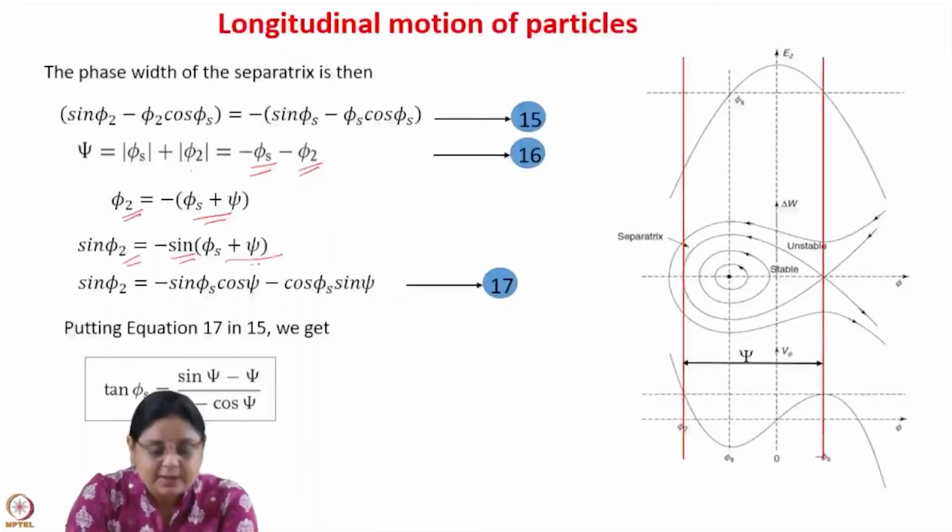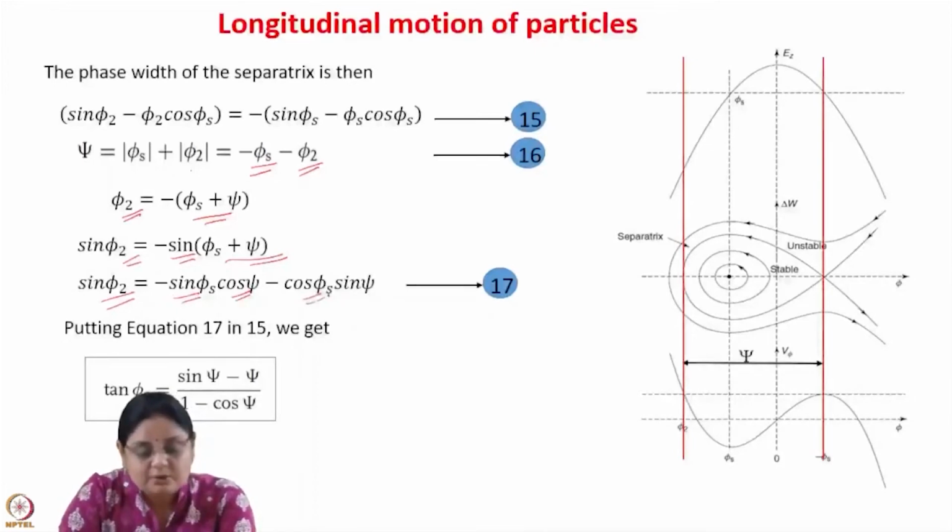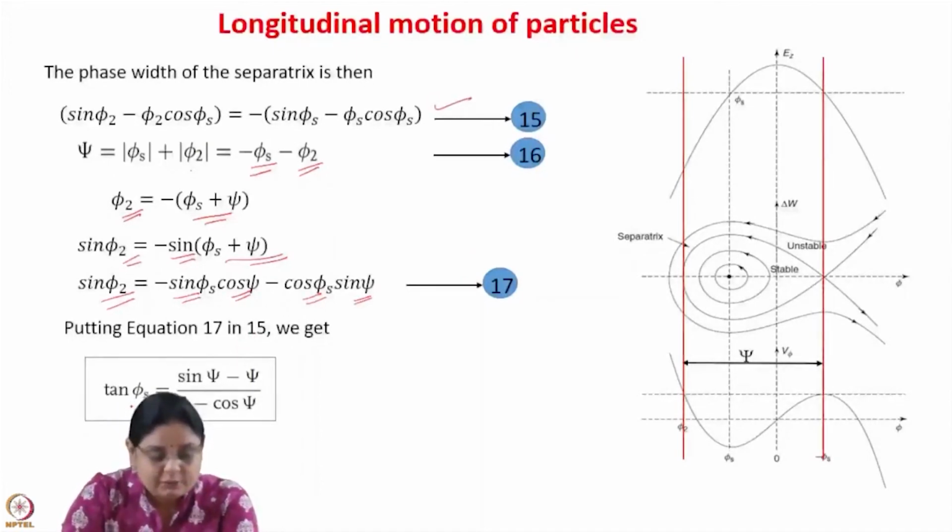Then expanding the right hand side, sine of a plus b is equal to sine a cos b plus cos a sine b. So we can write sine phi 2 as equal to minus sine phi s cos psi minus cos phi s sine psi.